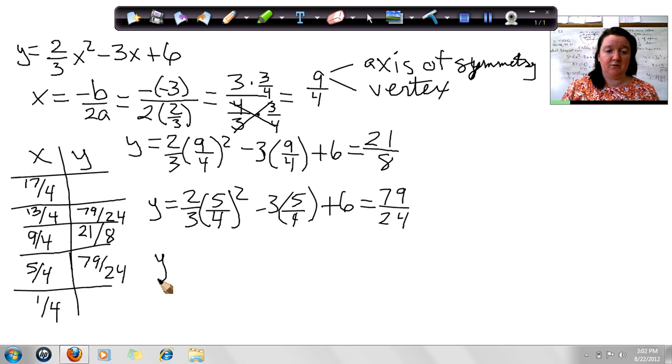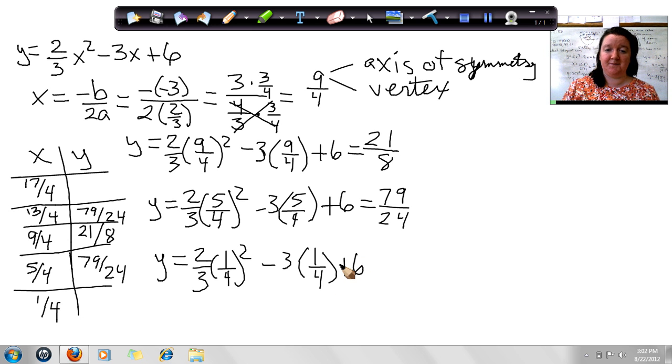Now let's look when x equals 1/4. So we have 2/3 times 1/4 squared minus 3 times 1/4 plus 6. And I'm going to plug that through my calculator.